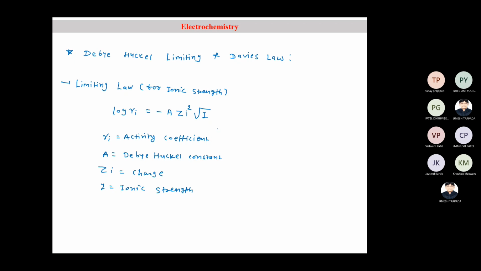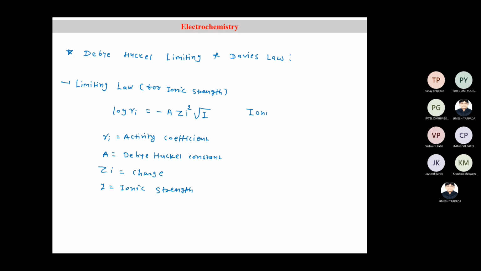So how to calculate ionic strength? Sometimes it may be represented by, you can say, mu, or it is represented by I, symbol I. So I is equal to ionic strength.